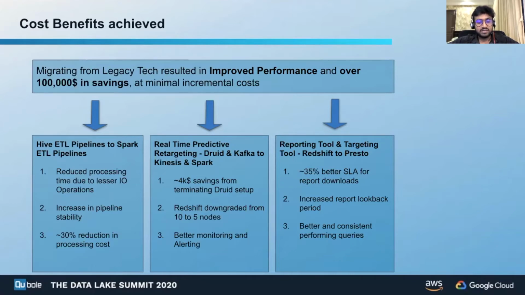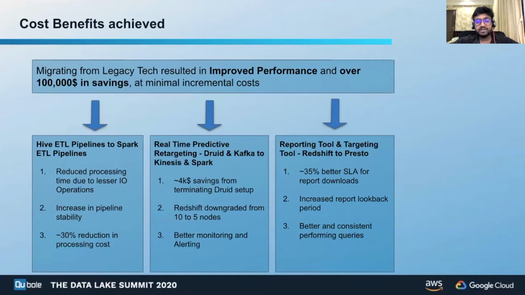Now lesser data had to be written for intermediary steps in S3, which took much time when using Hive. Due to this, the processing time was reduced. Also, this increased our pipeline stability, as sometimes we faced issues with S3 eventual inconsistency errors. Now pipelines were more stable since the connection between S3 and the Hadoop engine was reduced. There was also a reduction of 30% in production processing cost.